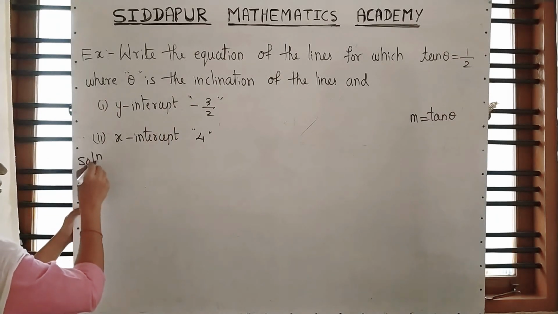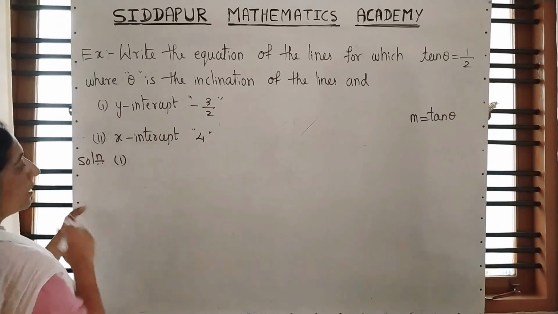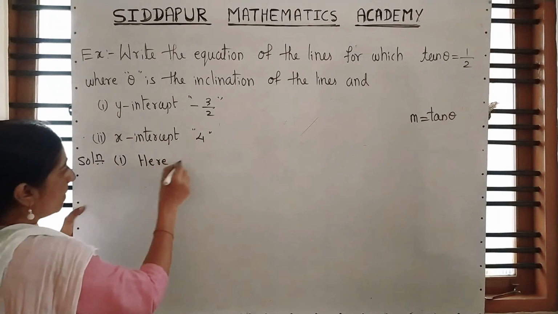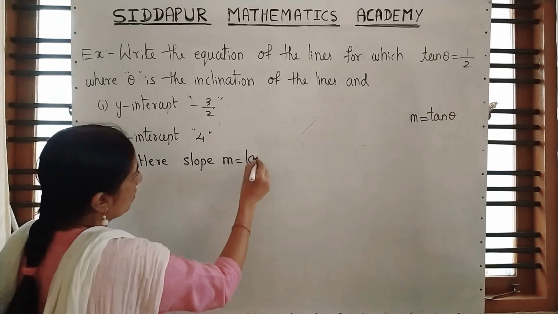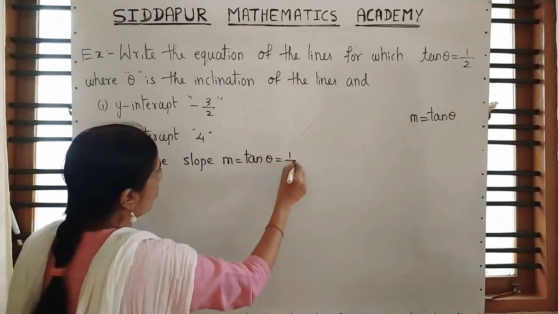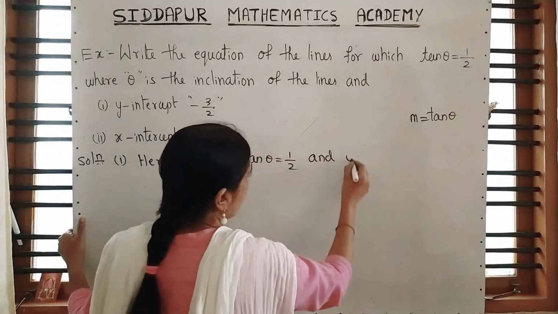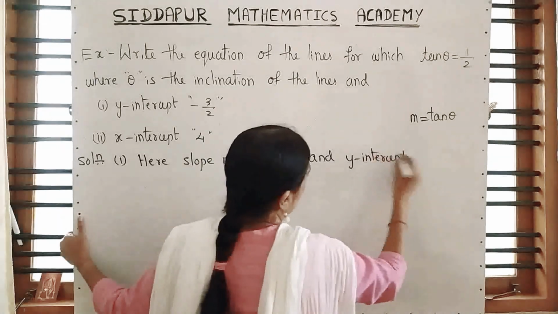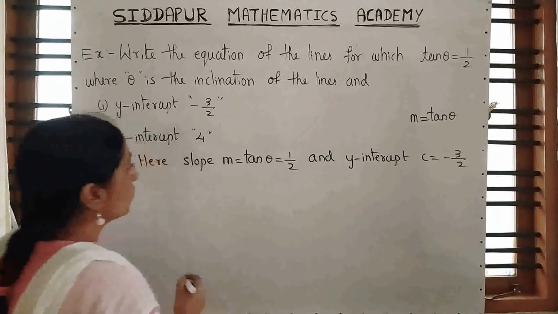And first question, y-intercept is minus 3 by 2. Second one, x-intercept is 4. See, first I am writing here. Slope m is equal to tan theta is equal to 1 by 2 and y-intercept c is equal to minus 3 by 2.